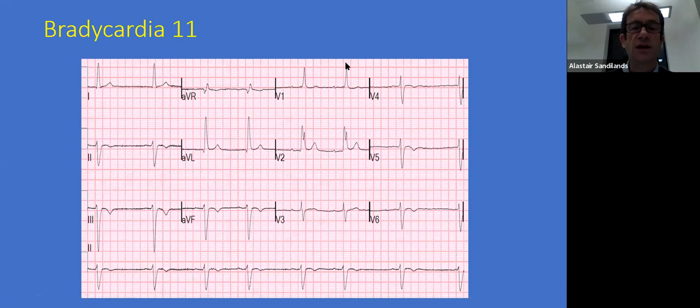In this example, bradycardia 11. So you've got a broad QRS. If you used your basic algorithm, you would come up with a QRS being broad. It's greater than 3 small squares. So when you have that, you go to V1. V1 is positive. Above the isoelectric line is the QRS. So the start of the QRS is there.